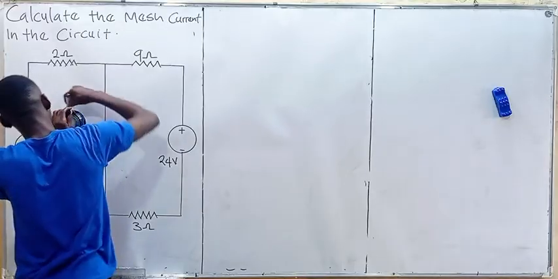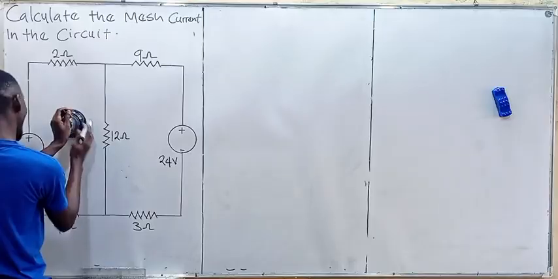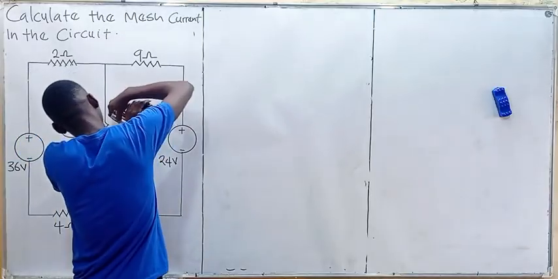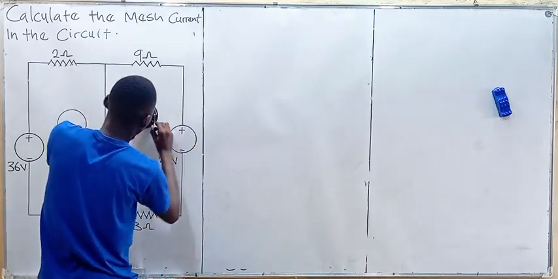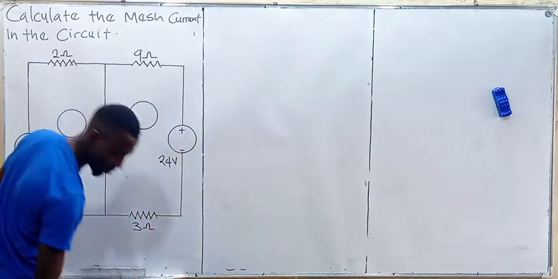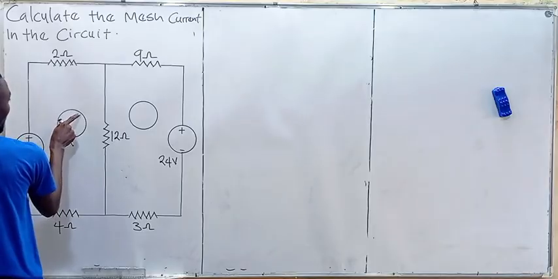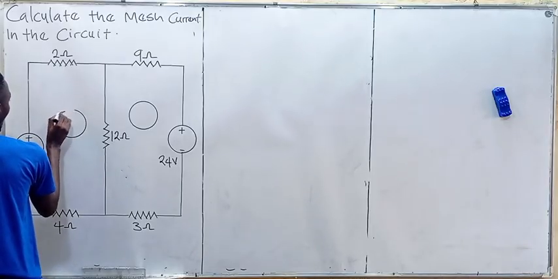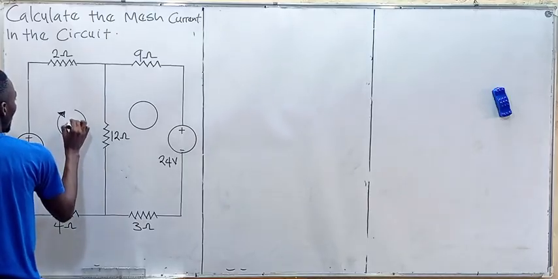All right, so let's assign our mesh current. Since we are having two meshes, this will be mesh 1.